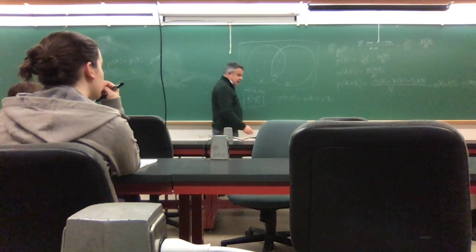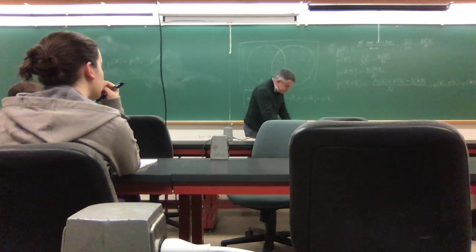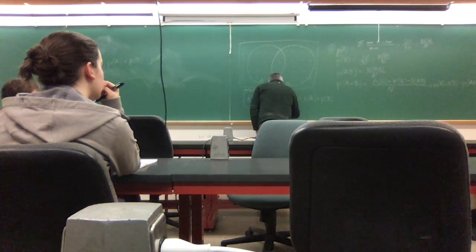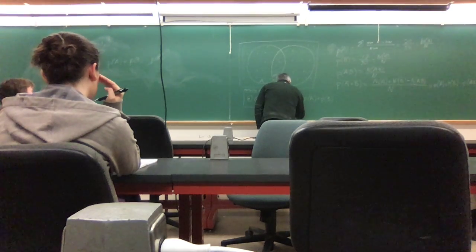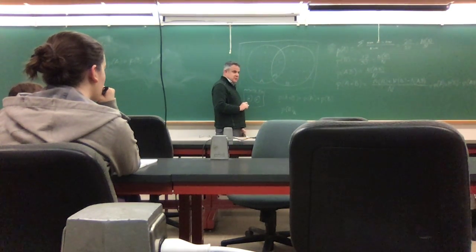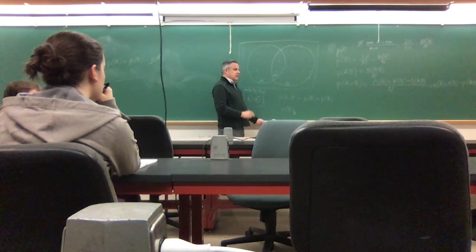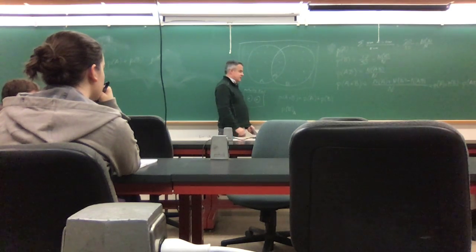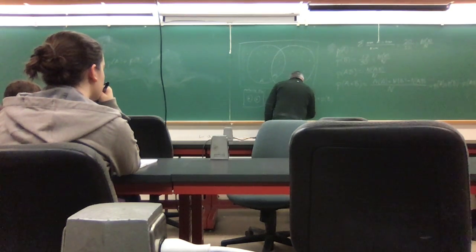But if I write down a separate thing, the probability of B, given that I know that A is true, what's the probability of B when they're mutually exclusive? Zero when they're mutually exclusive.